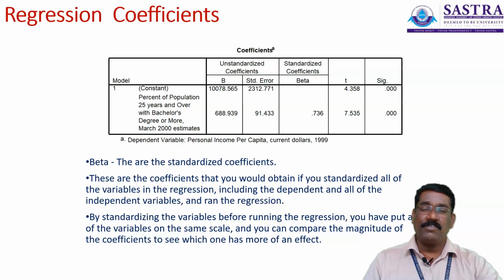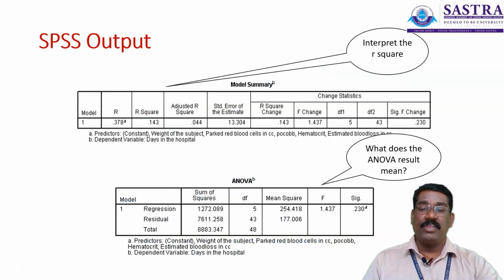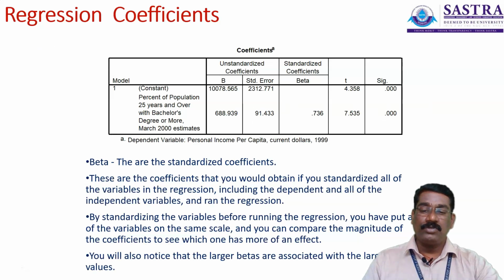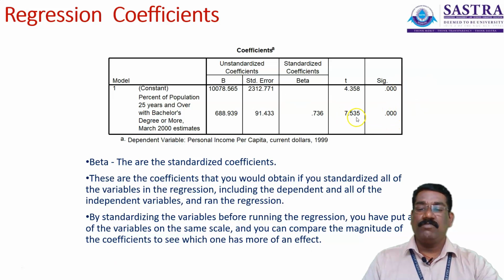In many business contexts, I think we can run this multiple regression analysis to predict the dependent variable. You will also notice that larger betas are associated with larger t values. So you can see that it is significant, so we have a larger t value.